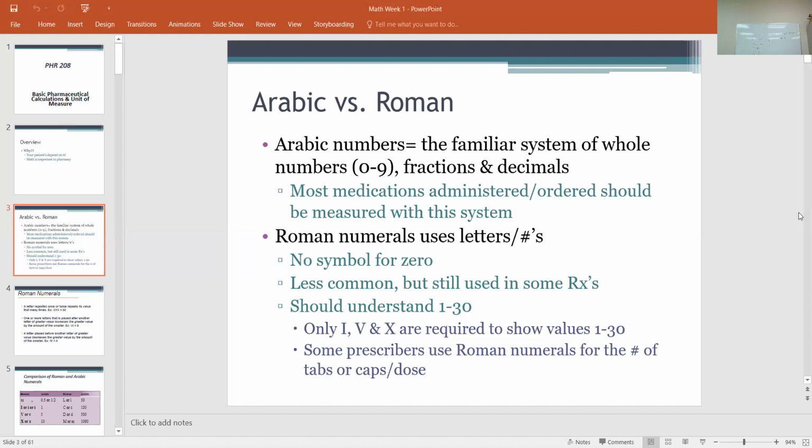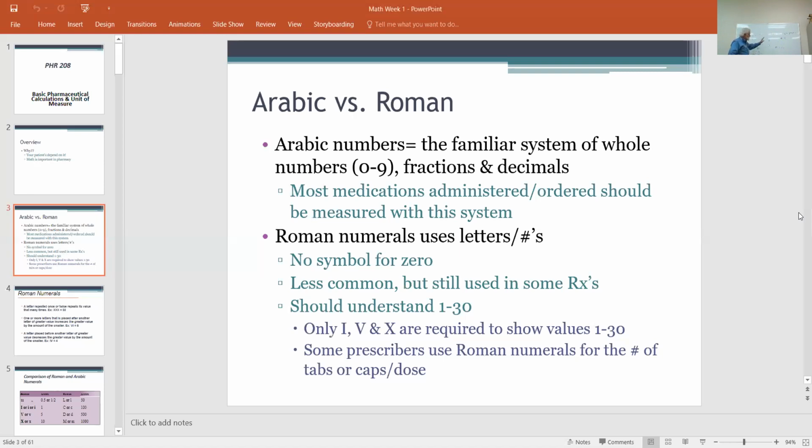Now, many doctors will write out the number using Arabic numbers, but others will use these. I've actually seen one prescription where it was, that's 300. 100 plus 100 plus 100.